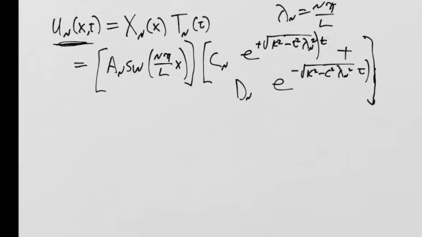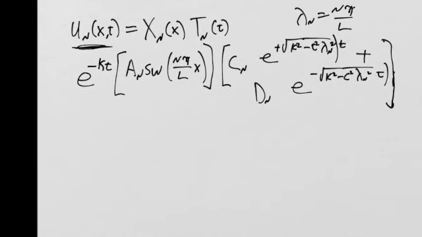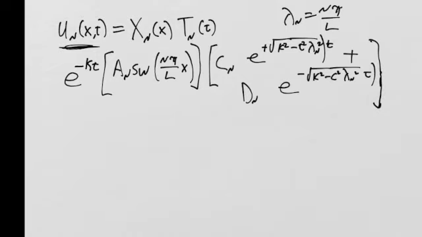And that minus k now comes out and goes all the way to the front, to e to the minus kt, like that. And that's really important, because now you're looking at a solution that has a complete factor of e to the minus kt driving it in front. And it applies to the entire solution.